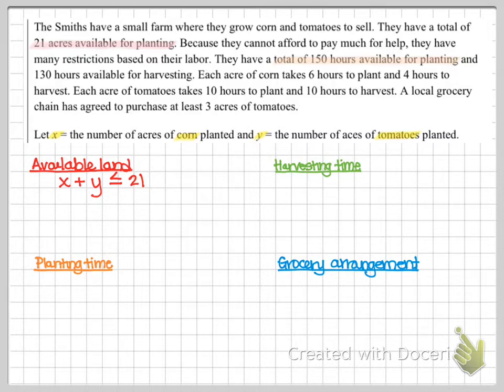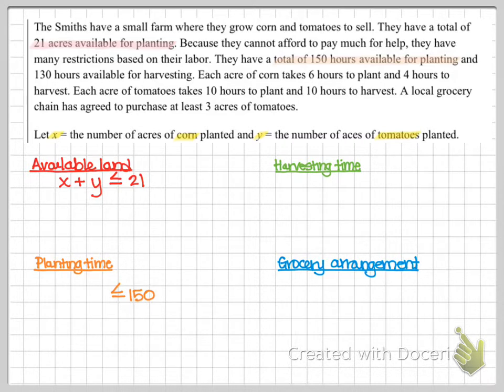So I go down to my question here. My planting time, they could use all 150 hours, or less than the 150 hours. I'll fill in the left-hand side in just a minute, just building my inequality as I go.